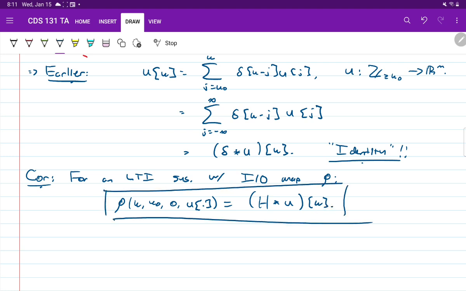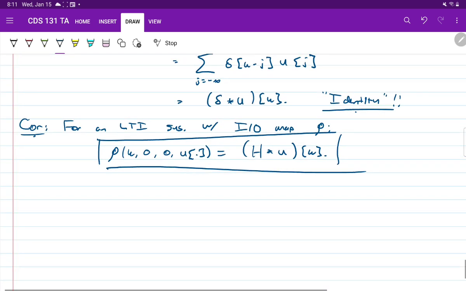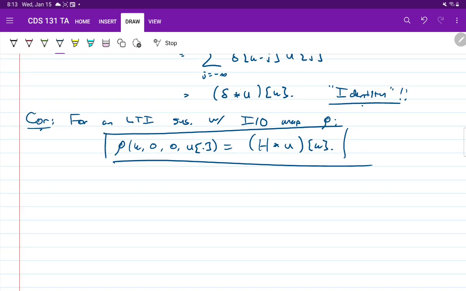Let me just change this to a 0 over here. Okay, fantastic. So at this point, we've pretty much finished up our study of the discrete time impulse response.